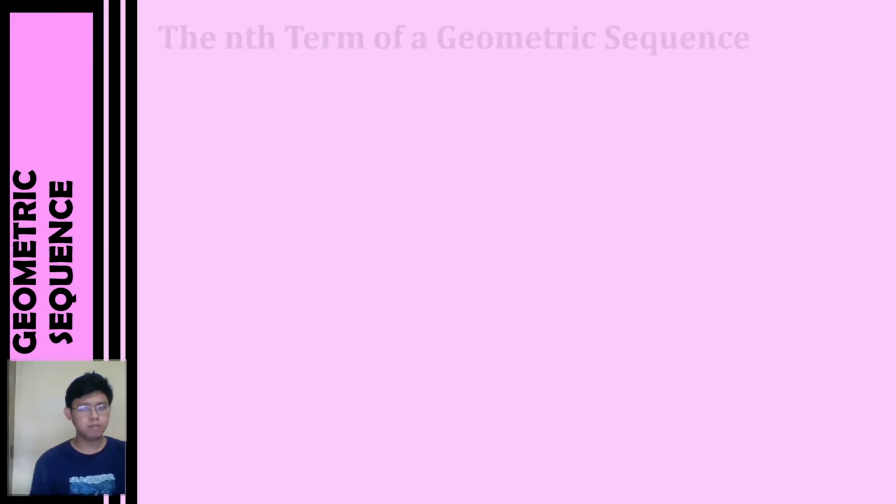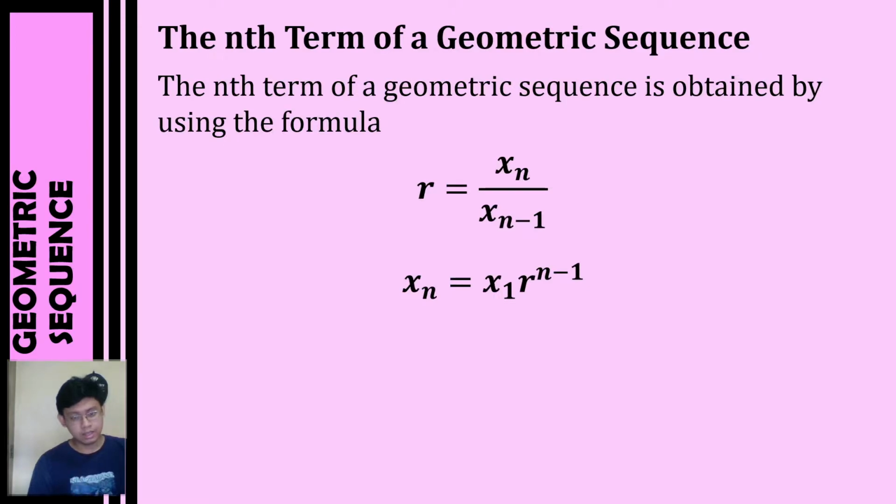The formula is x sub n is equal to x sub 1 times r raised to n minus 1, where r is our common ratio. Now, how do we get our common ratio? We use this formula: the second term divided by the first term.